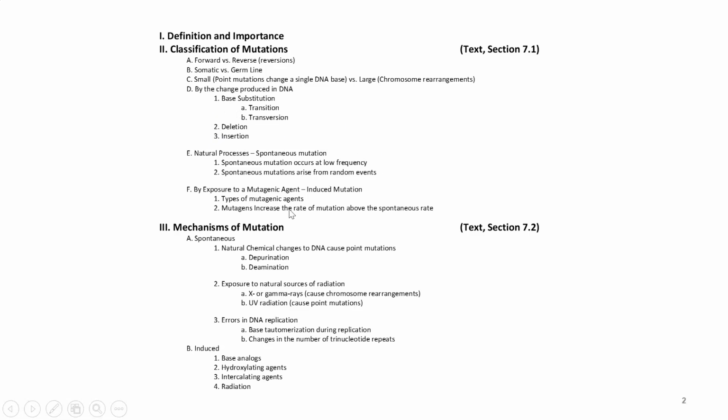One way to define them is spontaneous versus induced mutation. So the other part of this is to talk a little bit more detail about what causes both of those types of mutations. And I'll just run through a few examples of those.